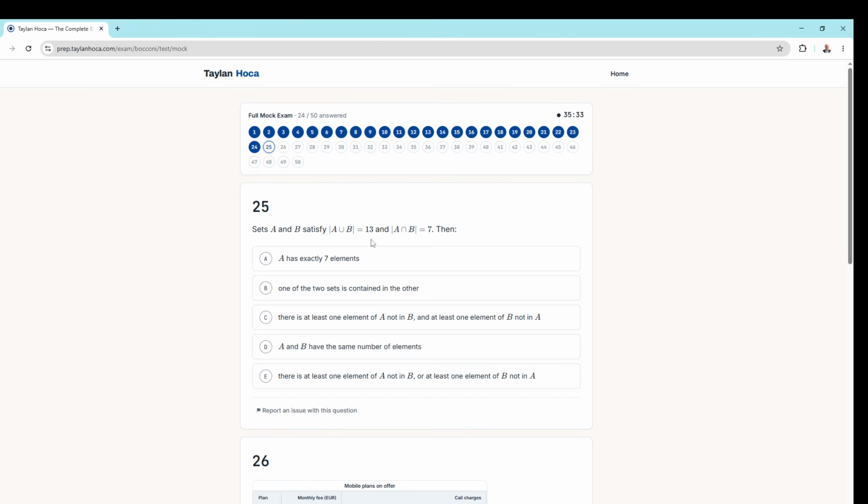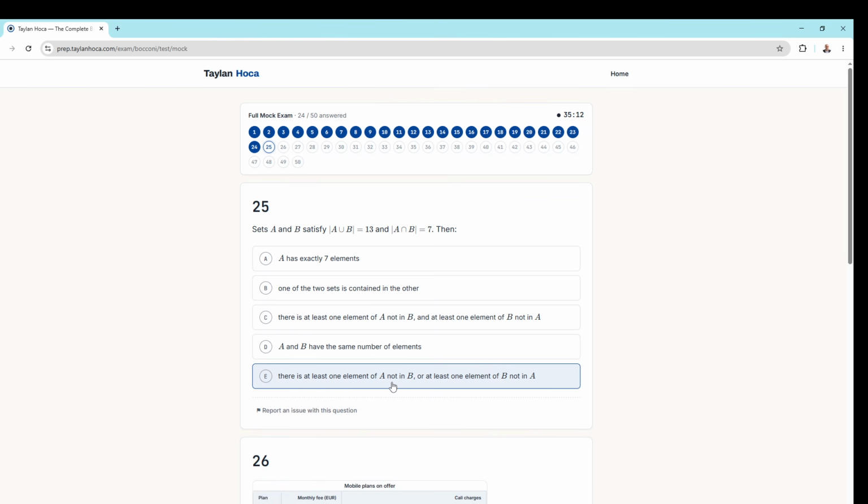No, no, because A's number of elements and B's number of elements can be different. I'm not sure, because A can have, let's say A contains B, then A has 13 elements and B has 7 elements, for example.